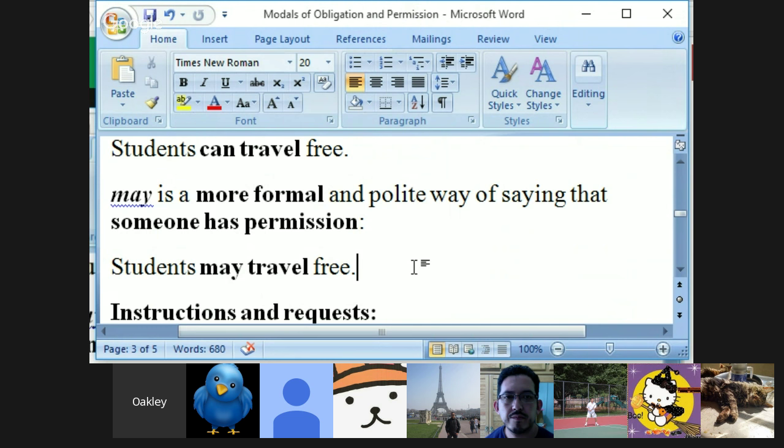Okay. Daniel, can you try asking permission? One of the ways that we looked at, or if you can think of another way, we can talk about it. You can use may or can or could, or if you can think of another way to ask for permission, go ahead.